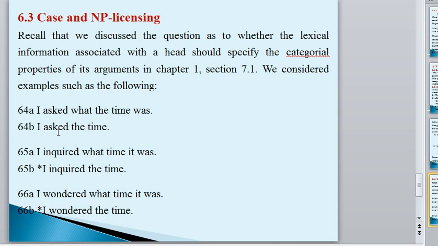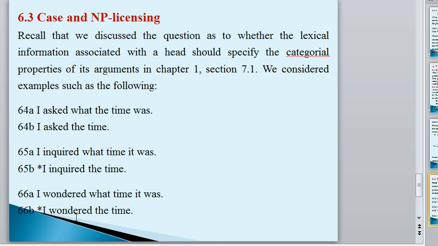Wonder and inquire would lack that specification. You see here, we cannot use NP near inquire, and we cannot use NP near wonder. So we can conclude that these two verbs, wonder and inquire, would lack that specification like ask.